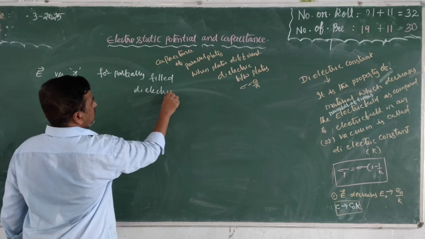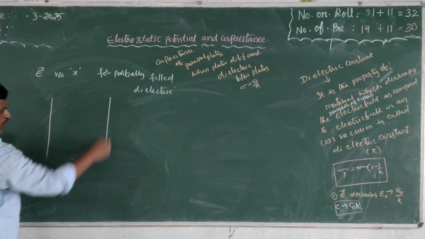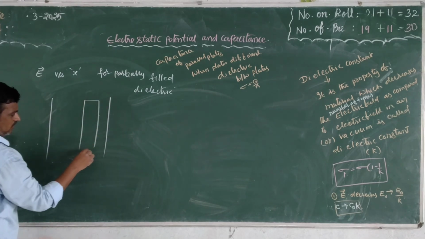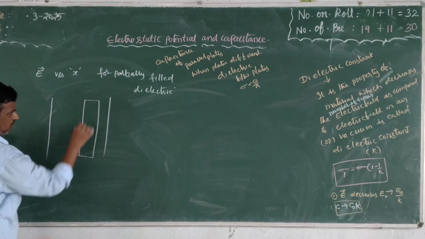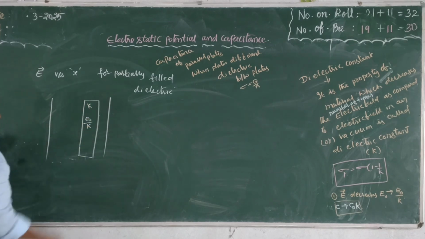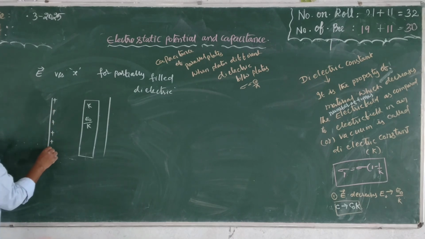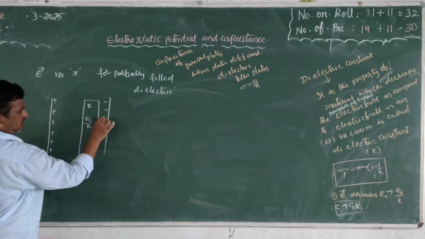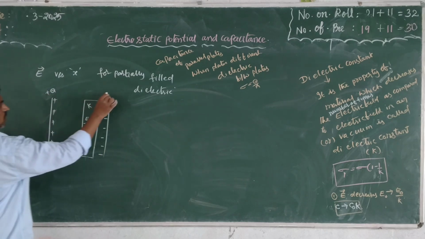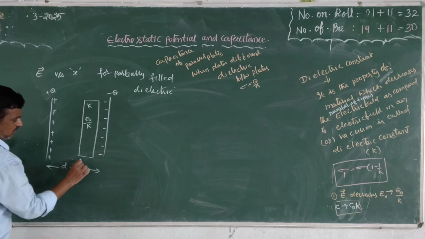Here the parallel plates are partially filled with dielectric. Its constant is K, so the electric field inside is E naught by K. Here plus, here minus. It is plus Q, minus Q, the distance between them is D, and the thickness of the dielectric is T.